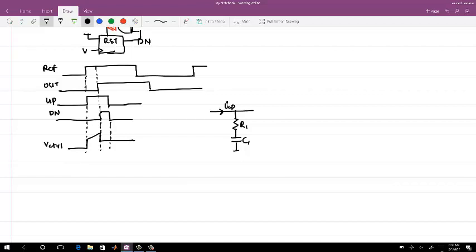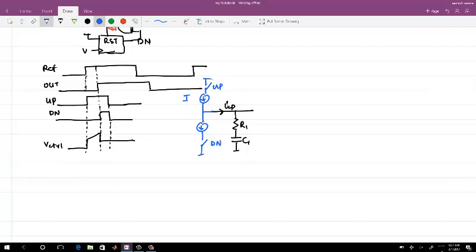So this is the case when I am showing you with a finite error, and there is no as such difference between the top and bottom current source. This is particularly the case when I am having switches for up and down.